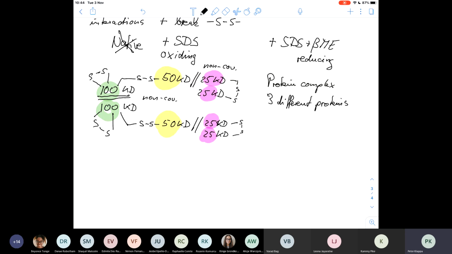And the complex itself is made up of 1, 2, 3, 4, 5, 6, 7, 8 subunits.